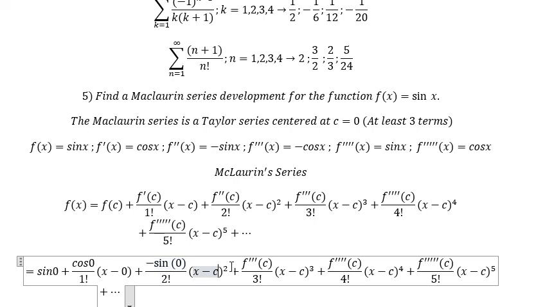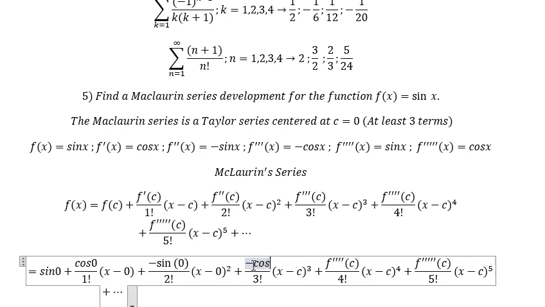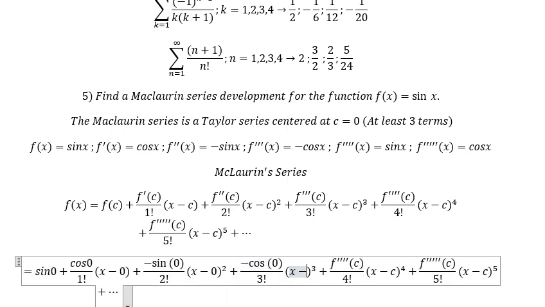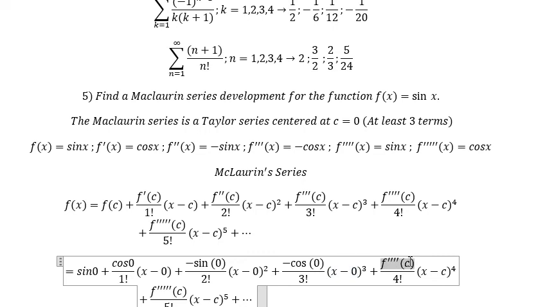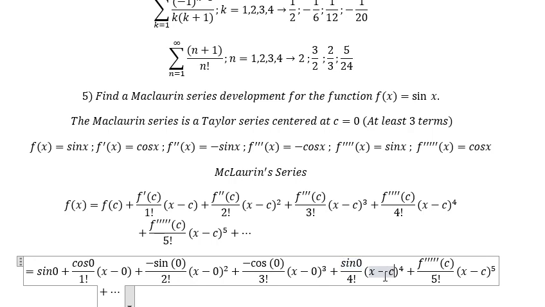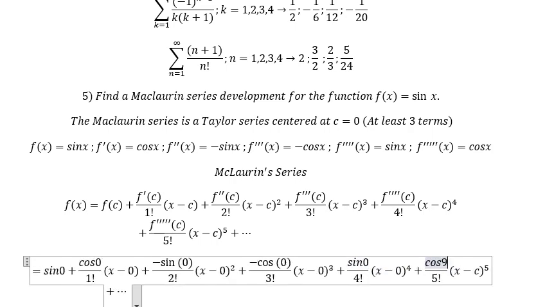And we put 0 in here. And we put about negative cosine 0. This one we got about sine of 0, and 0 in here. This one we put about cosine of 0, and 0 in here.